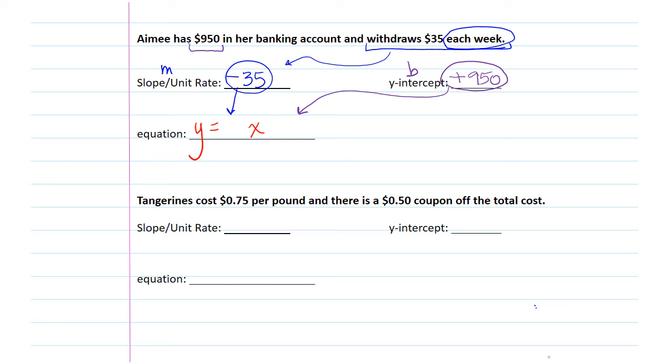So I'm going to have my equation as y equals negative 35x plus 950. This was her starting balance, and then she took away $35 per week. That right there, depending on how many weeks she keeps withdrawing, is going to tell her her total balance, which would be y in this case. Okay, so let's do the next example. If you would like to pause it and try this on your own, that would be wonderful.